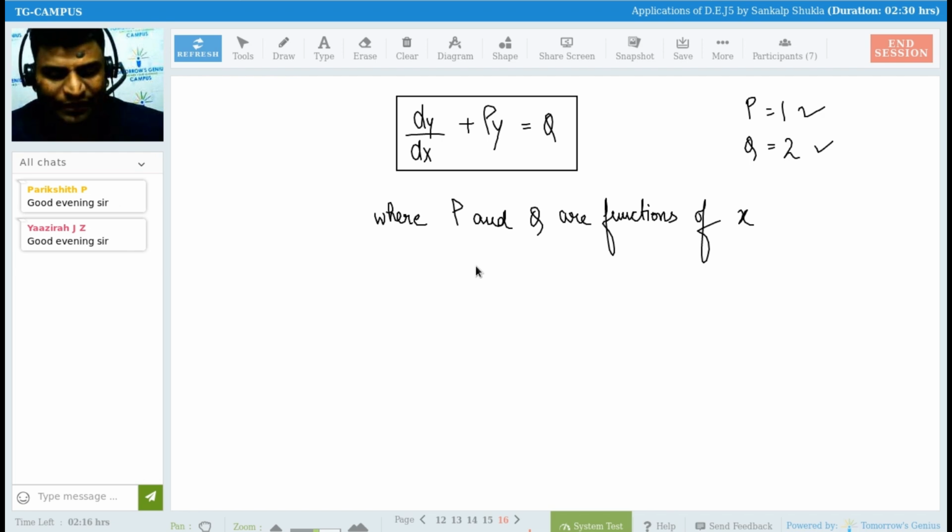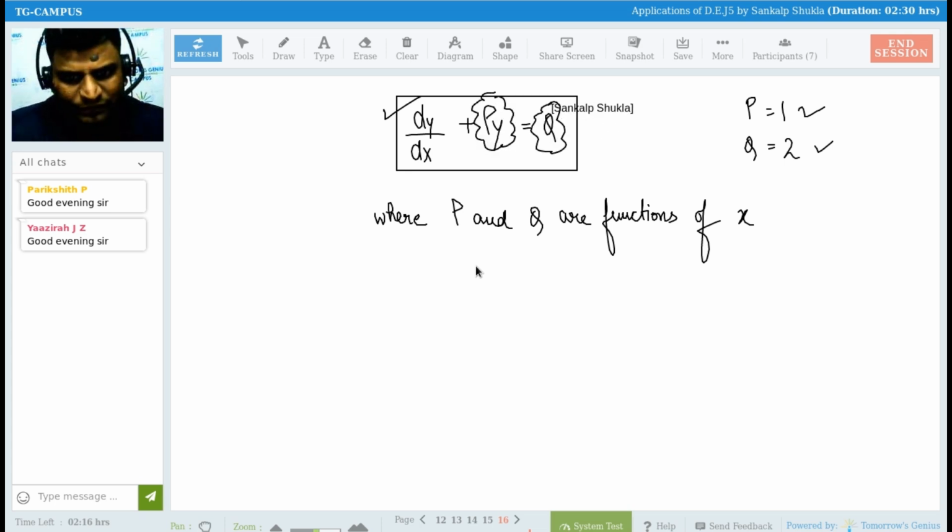Now you can see that there will be 3 terms. First one is dy by dx, the second term contains y, and the third term could be anything. So you have to find the values of p and q by just comparing.